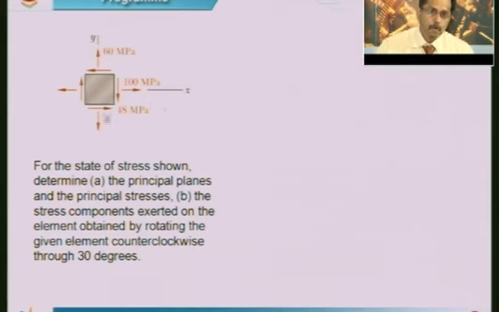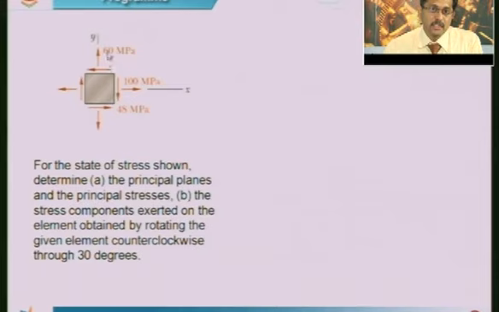Here we have a stress block wherein sigma x is tensile, which is positive, given by 100 megapascal. Sigma y is also positive, which is 60 megapascal, and the shearing stress acting on this is 48 megapascal.